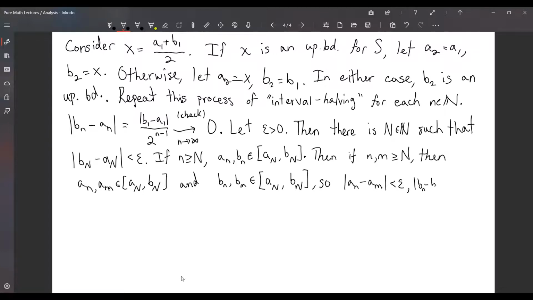And again, we're sort of using a pictorial argument, but you can prove that, say, using the triangle inequality.